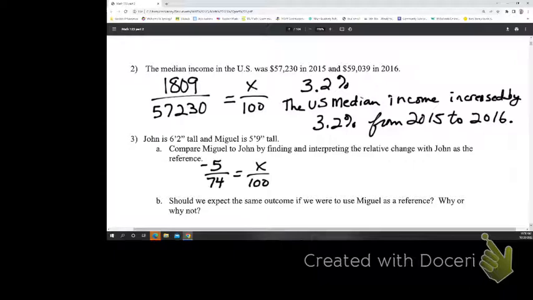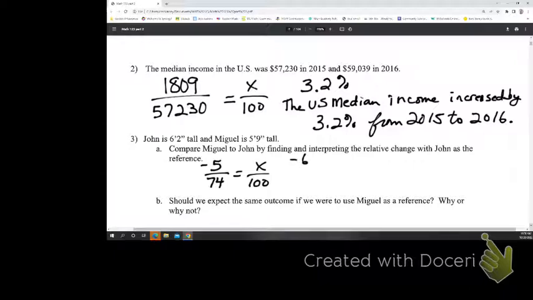So I came up with, or someone else tell me, what did you come up with? To the nearest 1/10 of a percent, we'll say. Did you do 500 divided by 74? 6.75.